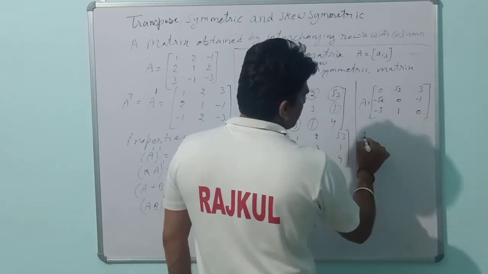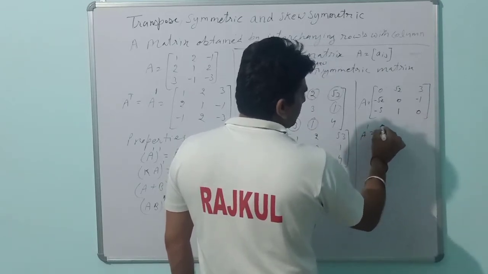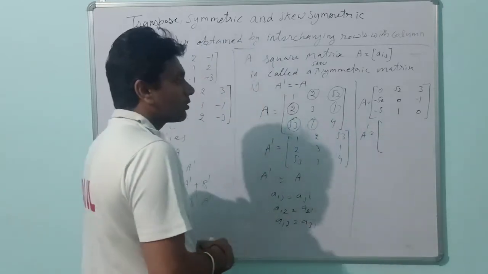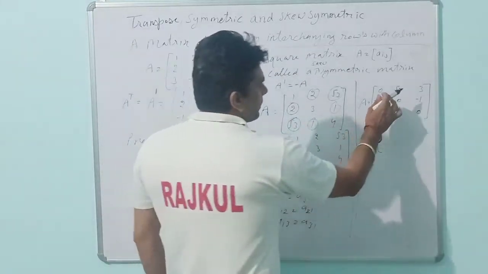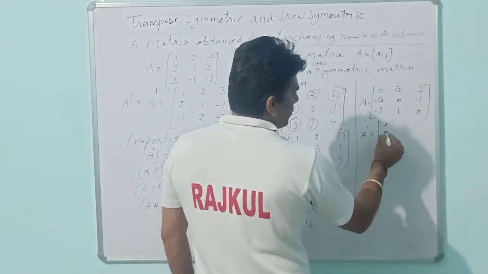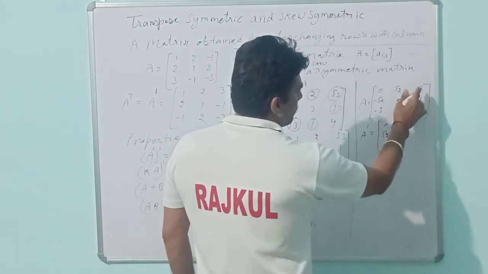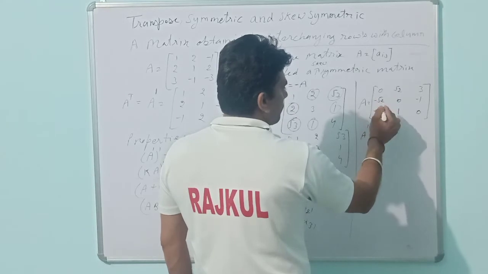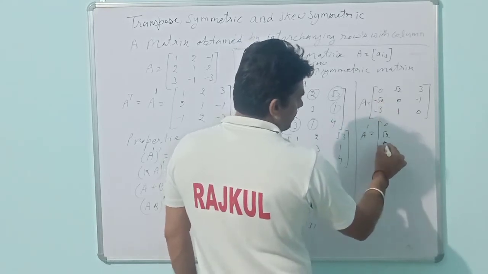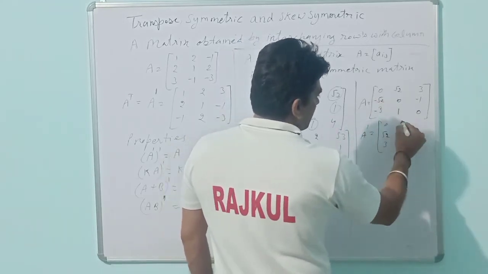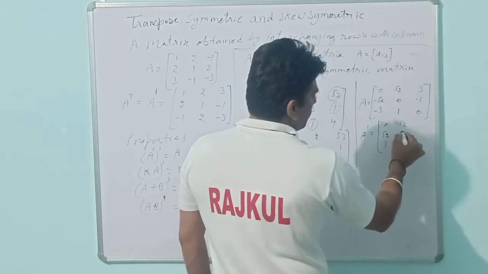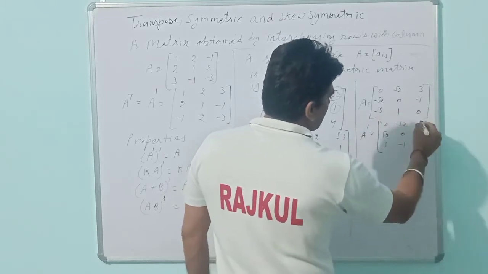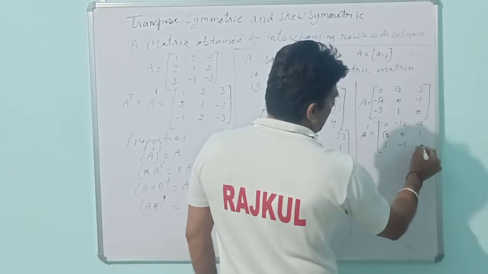Now A transpose, change rows by column. This row becomes 0 root 2 3, this root 2 minus root 2 0 minus 1, and this becomes minus 3, 1 and 0.